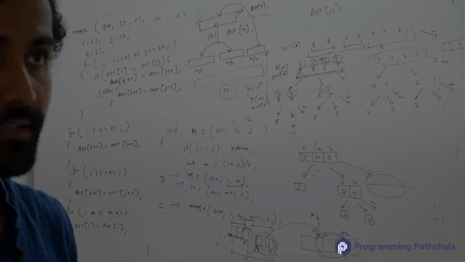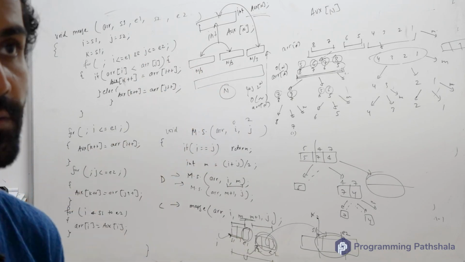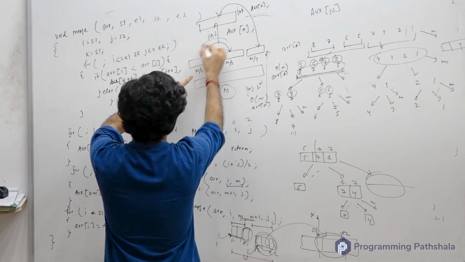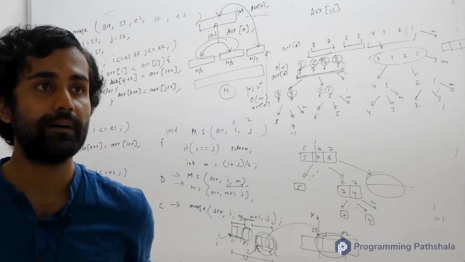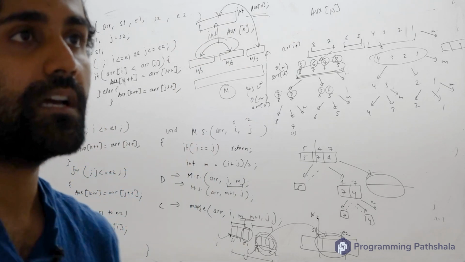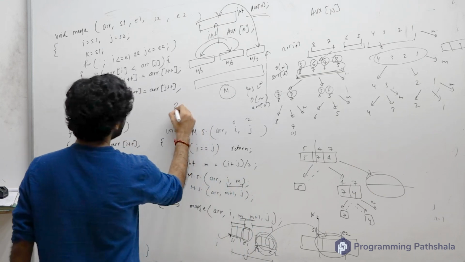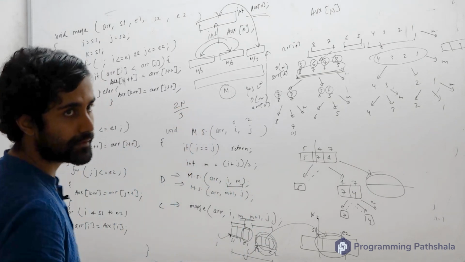It makes sense. You should plan something like this only. But if you do that, can you tell me the complexity of just this step, where you are merging the two subarrays of size n by 3 and n by 3? It should be 2n by 3 time over here, correct?